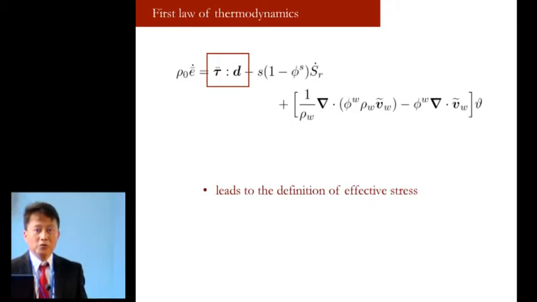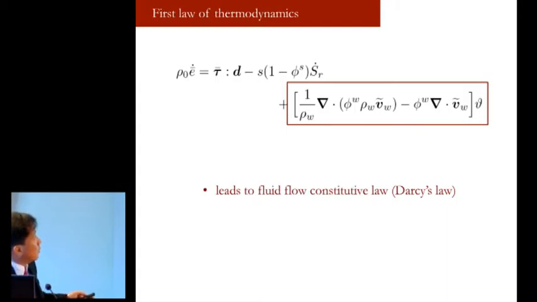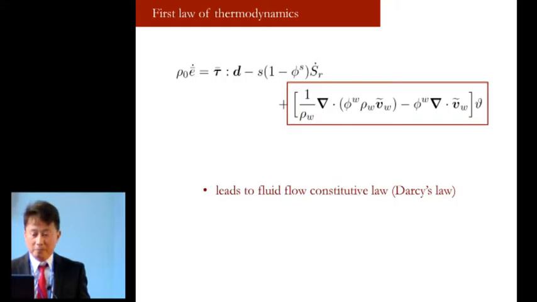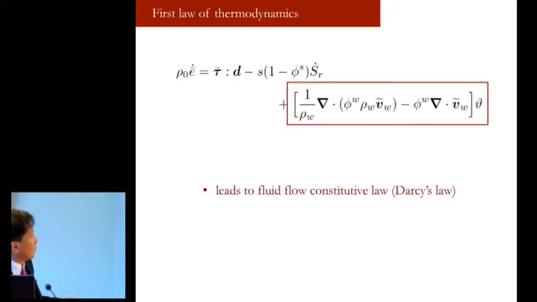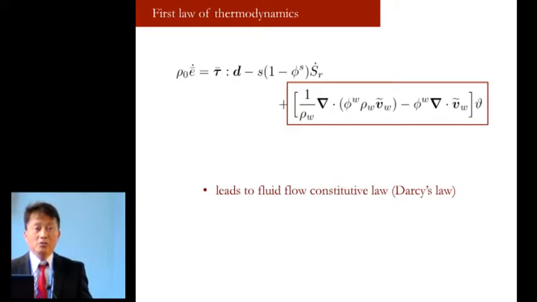Now I'm going to go to the third term on the right-hand side, which relates the suction stress, the relative velocity of water with respect to the solid, and the volume fraction for water. This leads to the fluid flow constitutive law commonly used in the form represented by Darcy's law.